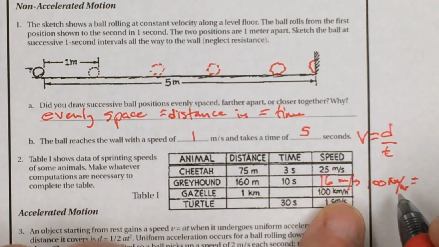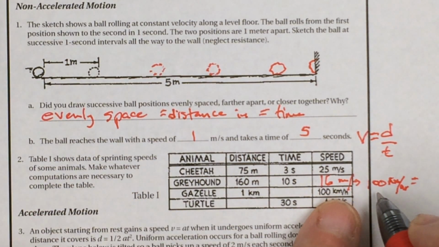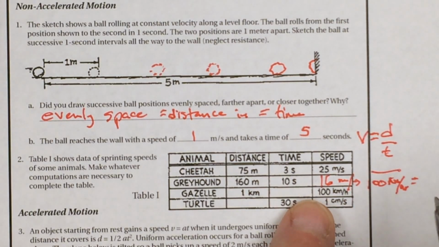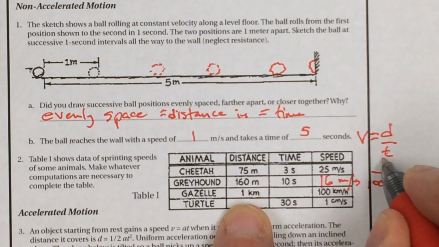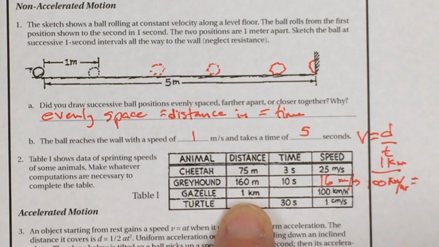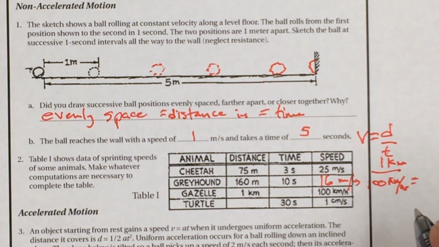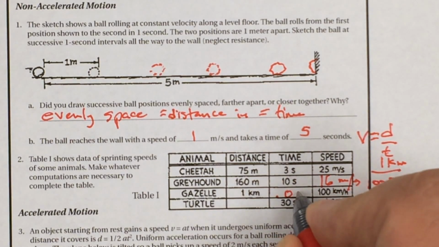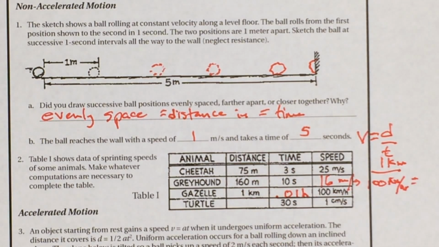Here is my velocity, 100 kilometers per hour, and my distance is 1 kilometer. So what is 1 kilometer divided by 100 kilometers per hour? 1 divided by 100 would be 0.01 hours.